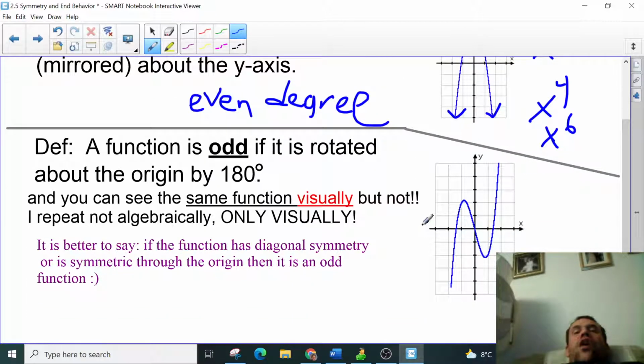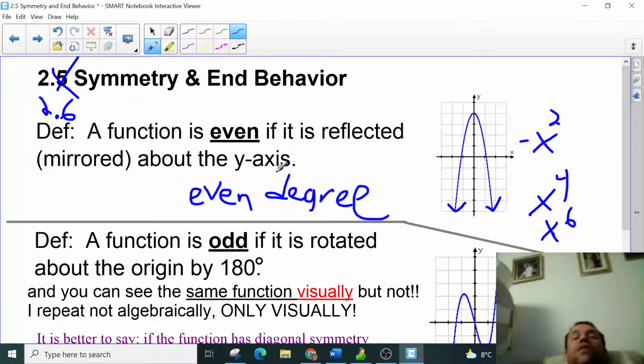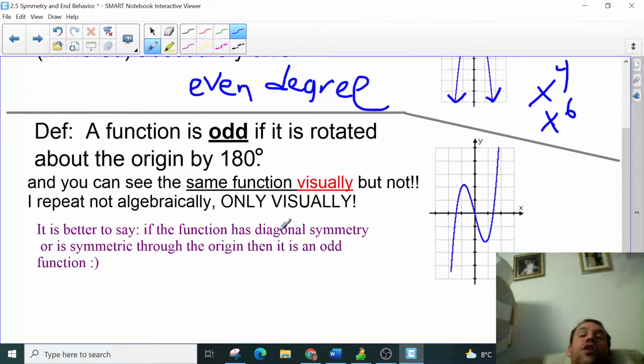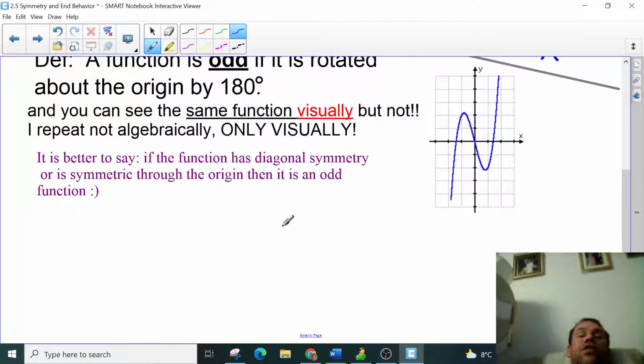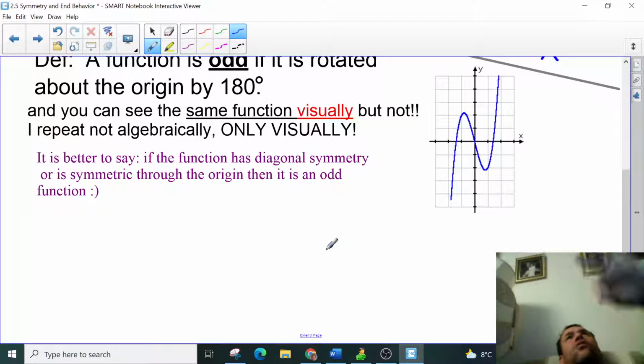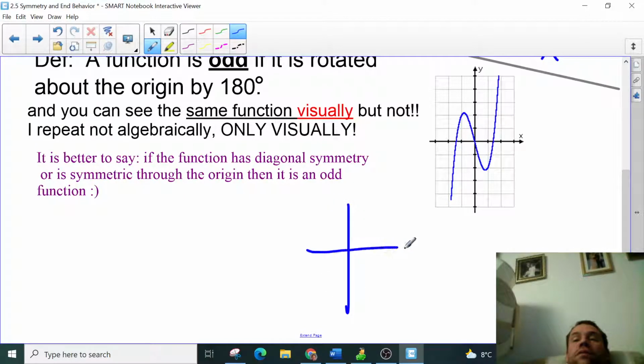So a function is odd if it's rotated about the origin by 180 degrees. There's a difference between an even function and an even degree function, an odd function and an odd degree function, or a neither function. You're not going to necessarily have to know that this year on the test, but just to give you an example, if it doesn't go through the origin, something like this, then everything's going to reflect and go this way.